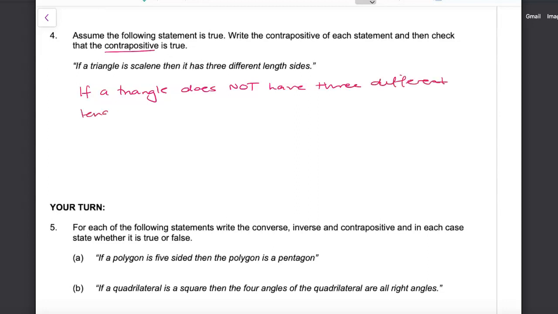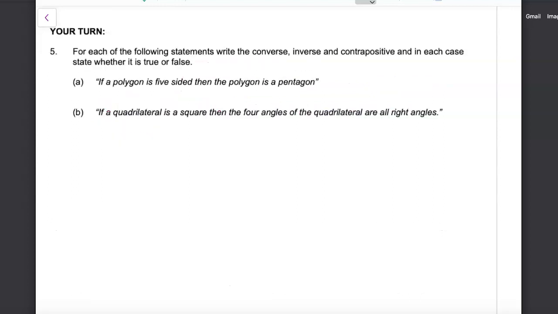So remember, we're going to do the negation of the Q, and our P can be the scalene, and the lengths of the sides, then it is not scalene. So if it doesn't have 3 different lengths, maybe 2 of them are the same, maybe 3 of them are the same, so it's definitely not scalene. It is in fact true.